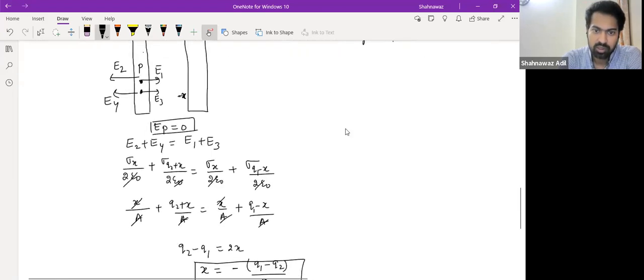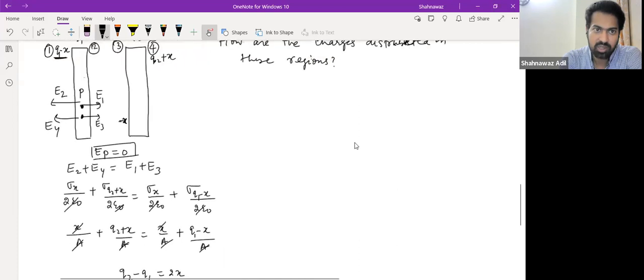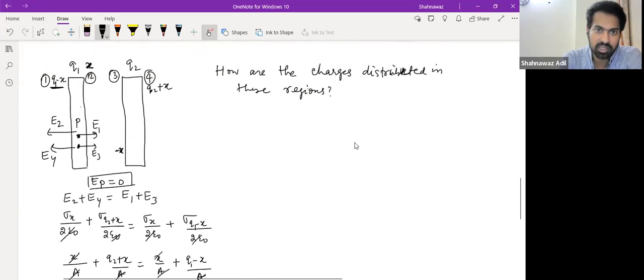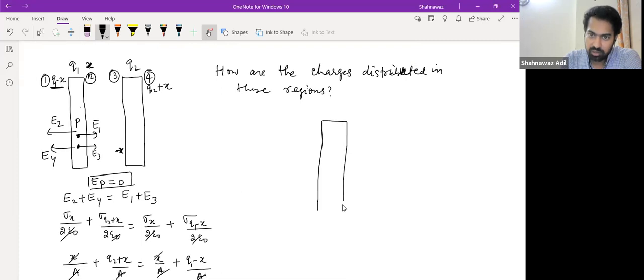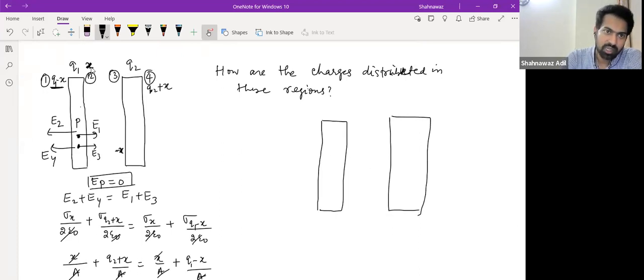So if I draw the resultant diagram, oh, my plates are very thick. So this is x, which means that this is minus of (q1 minus q2) by 2, and this is minus of x, so this is (q1 minus q2) by 2.